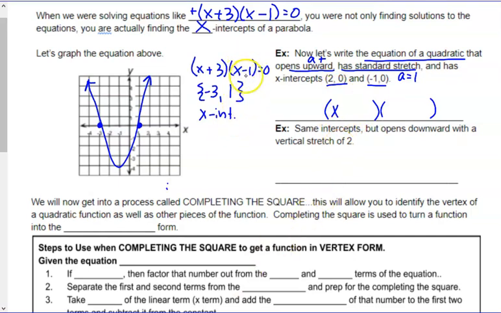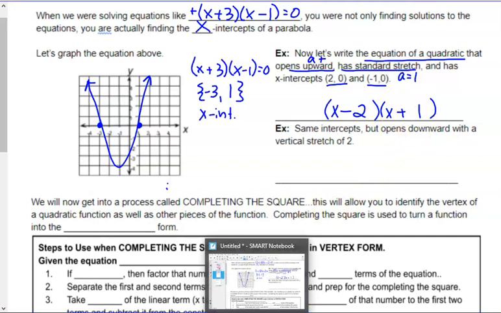Well, here I have x minus 1 and a positive 1 is the answer. x plus 3 and a -3 is the answer. So if 2 is my answer, then it had to be an x minus 2 inside there because 2 minus 2 is 0. If I have -1 as a root, that means I needed an x plus 1 inside that function in order for that to give us a root.